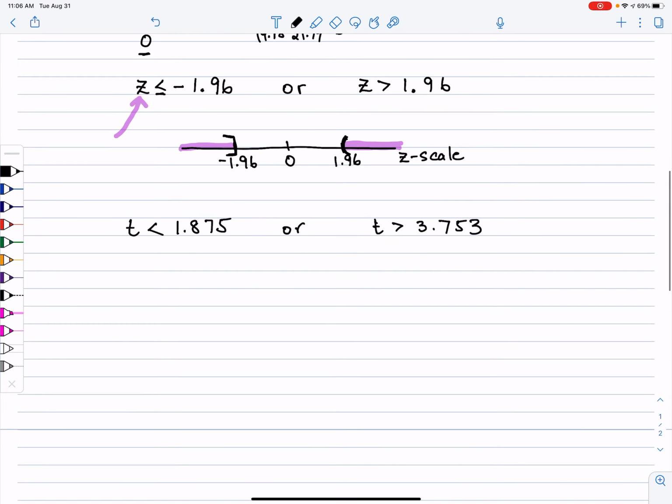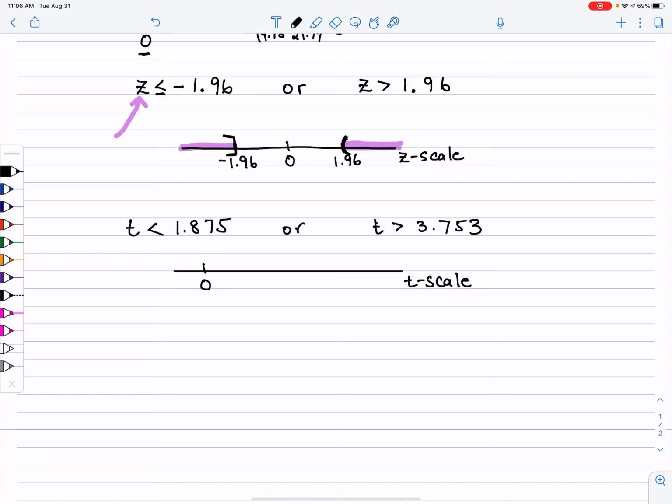Remember, I'm just coming up with numbers so that I can talk about the concepts here. The scale here is a t-scale. We are talking about positive 1.875 and positive 3.753.